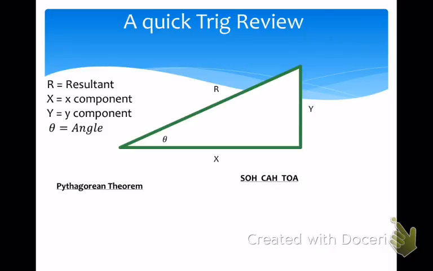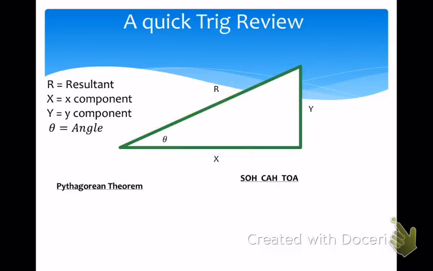If this was a displacement vector, if I walked this far in the X and this far in the Y, the net result would be as if I traveled that distance at that angle, okay? That's where that word resultant comes from. It's the result of the movement of the two components, okay?